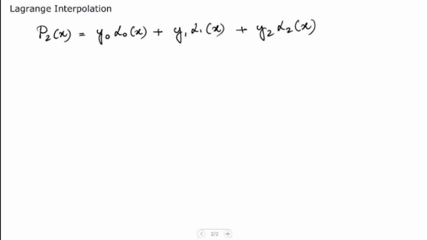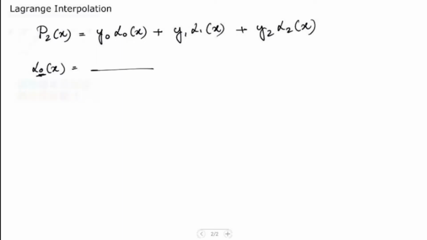Now, what are the values of L0, L1, and L2? So, to write the formula for L0x is easy. At the top, because this is 0, we have to avoid the term x0.